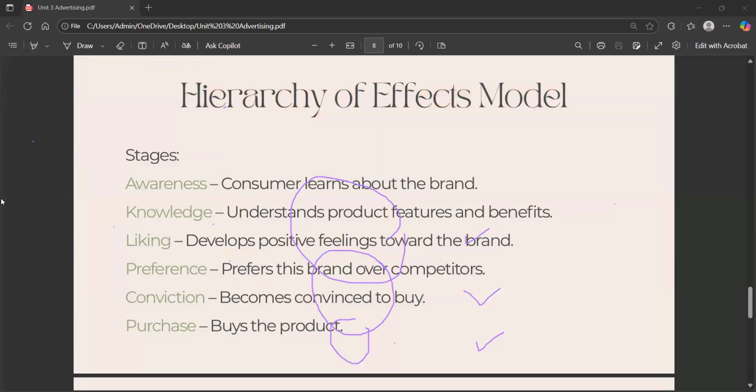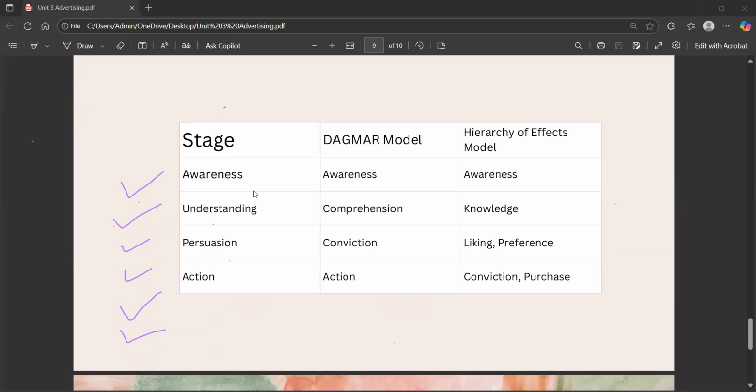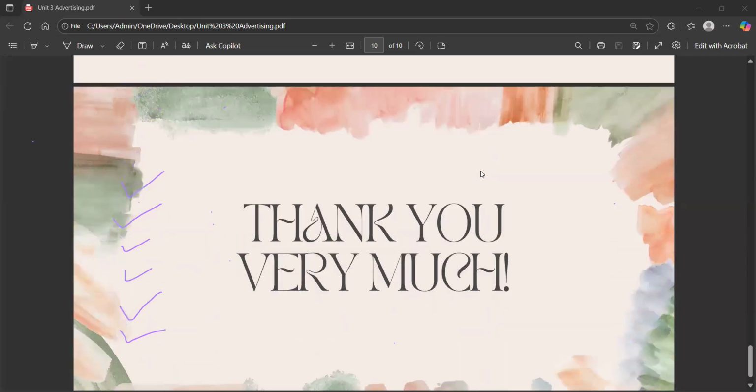So here are the stages of the hierarchy of effects model, which are awareness, knowledge, liking, preferences, conviction, and purchase. And here is the comparison between the Dagmar model and the hierarchy of effects model.